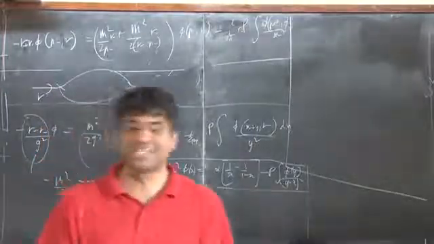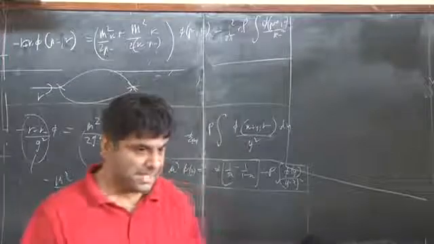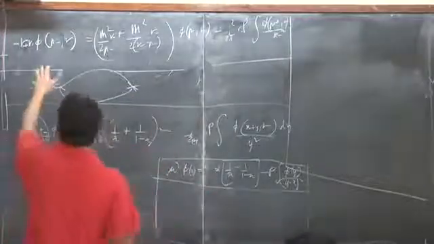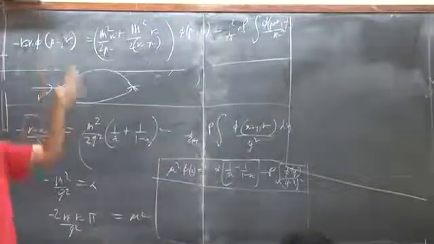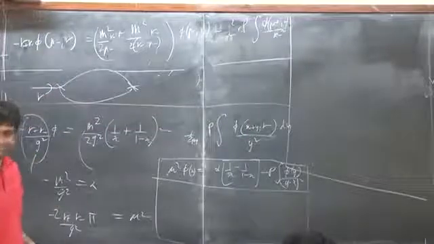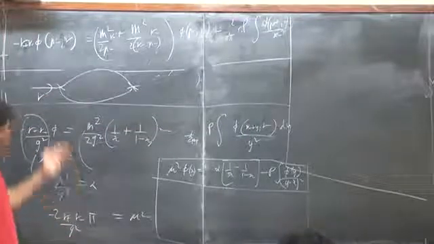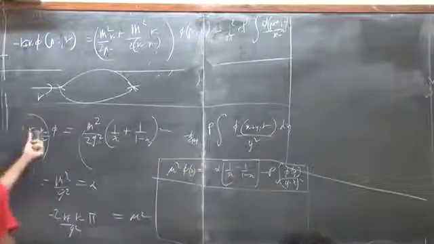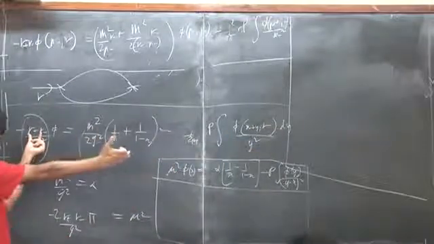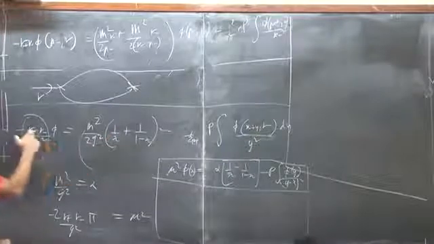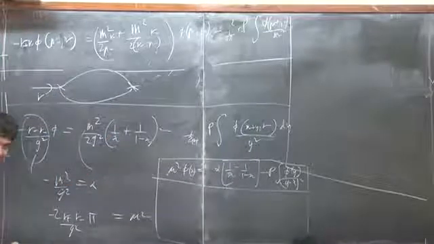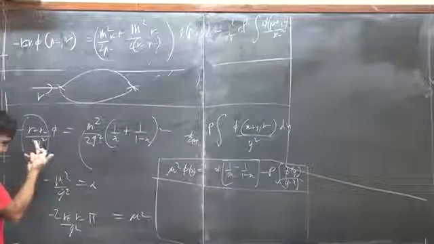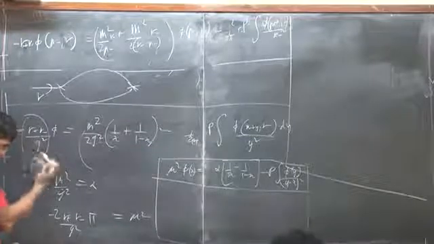You remember we argued that the singularities of the two-point function only occur when you have solutions to the homogeneous part of the equation. So solutions to this equation give us singularities of the two-point function as a function of r plus r minus. Is this clear? So that's what we're after.